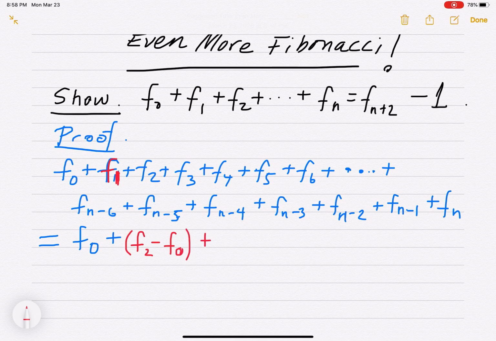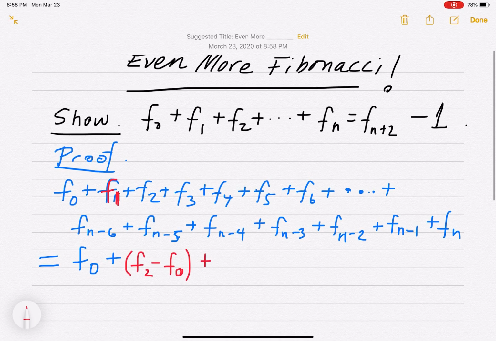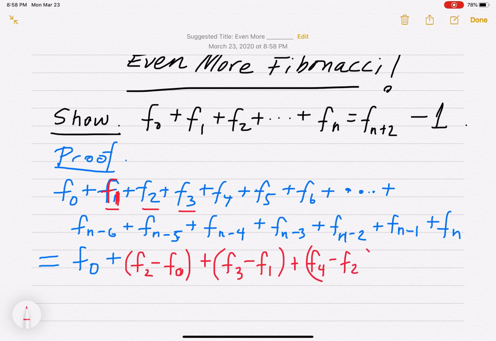Then I'm going to go on to f2: the future, f3, minus the past, f1. Then f3: the future, f4, minus the past, f2. Then f4: the future, f5, minus the past, f3.